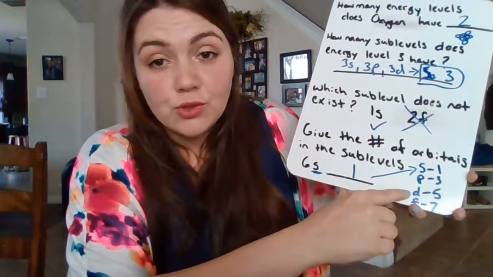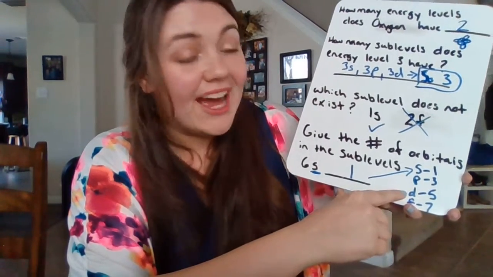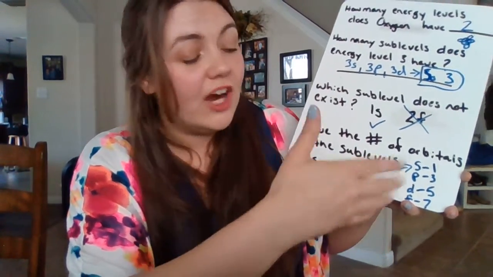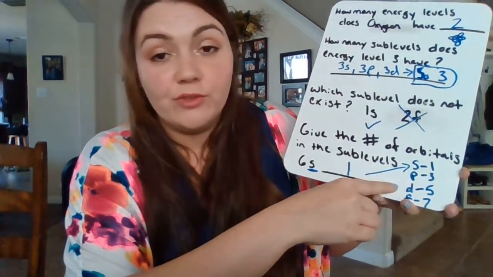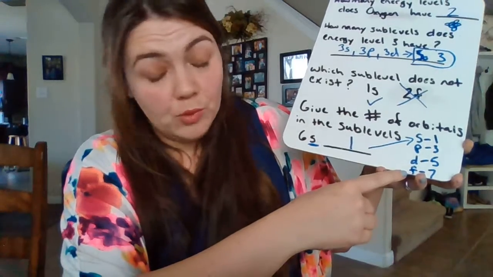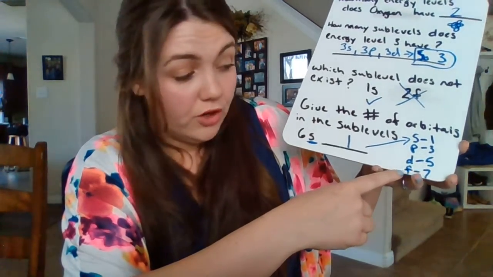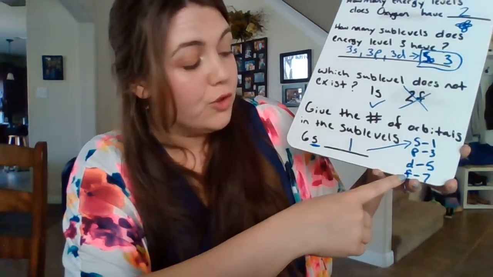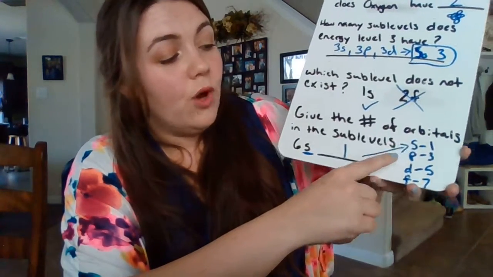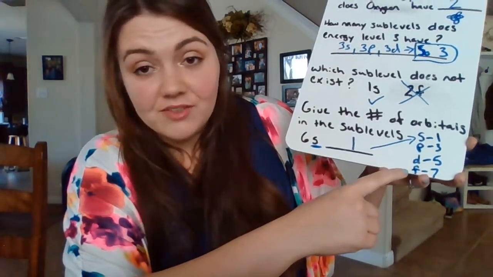The D, which is too confusing to draw in that way, has 5 different orbitals, 5 different ways you can turn that shape around the nucleus. F, remember, it's so fancy I can't even begin to draw it, has 7 different orbitals, 7 different ways to turn around the nucleus. So S's have 1, P's have 3, D's have 5, F's have 7.